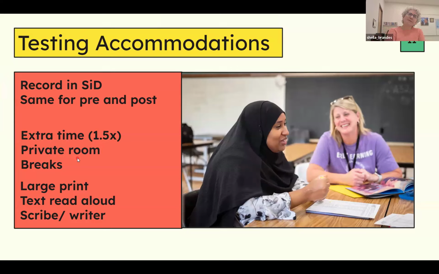You still need to have some sort of supervision or proctoring, but from my understanding you don't necessarily need to be sitting in the same room with the person, just somewhere accessible where you could check in on them. So a private room, not in the middle of the classroom necessarily, but not too far away. And then breaks as needed.